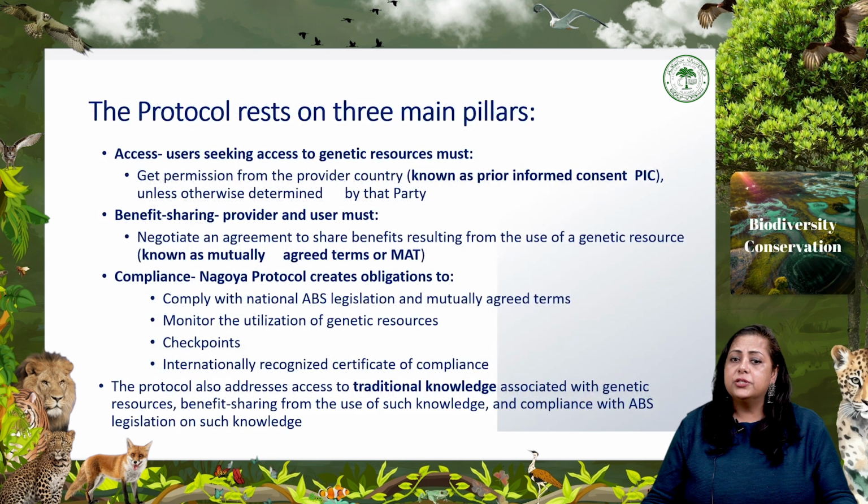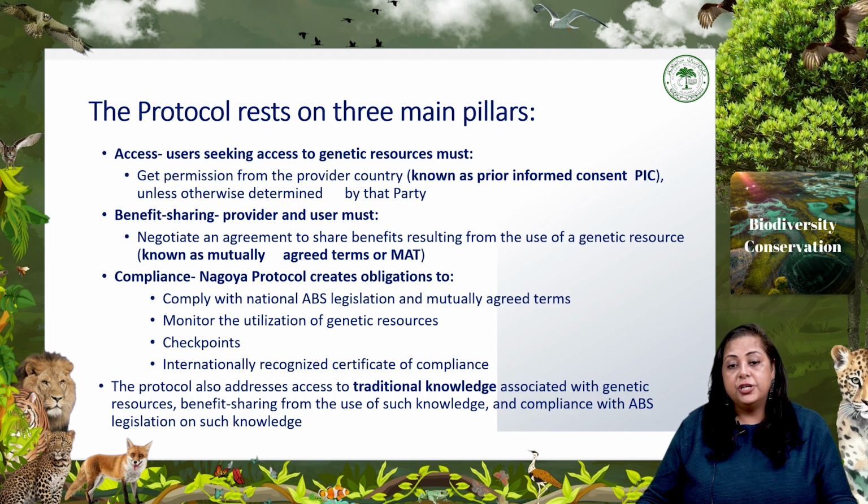The protocol rests on three pillars. First, access: users seeking access to genetic resources must get permission from the provider country, known as prior informed consent (PIC), unless otherwise determined by that party.